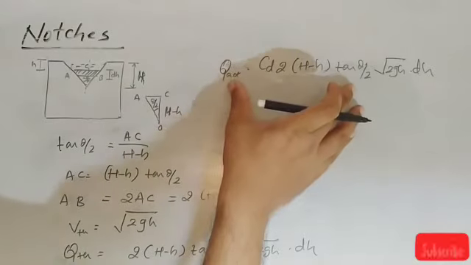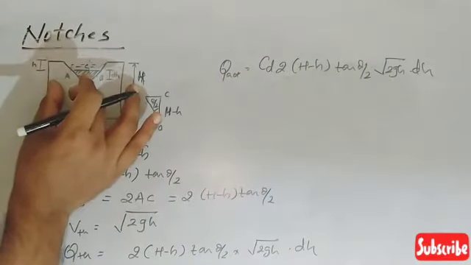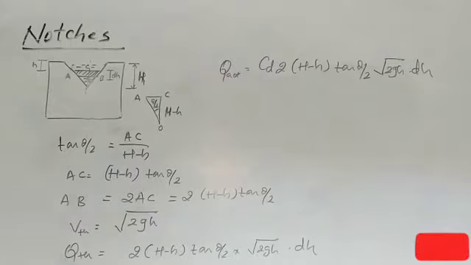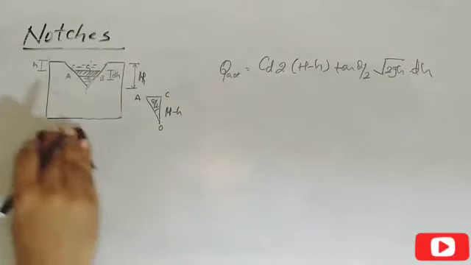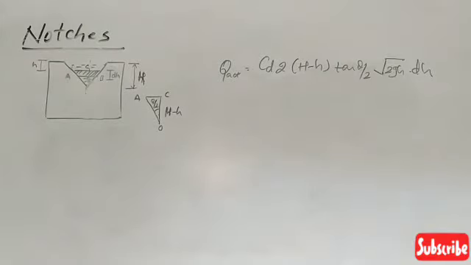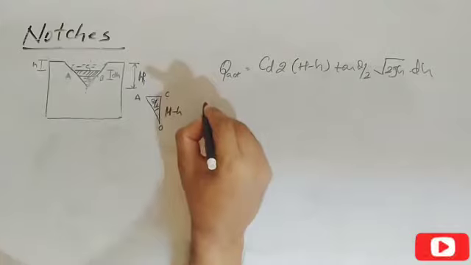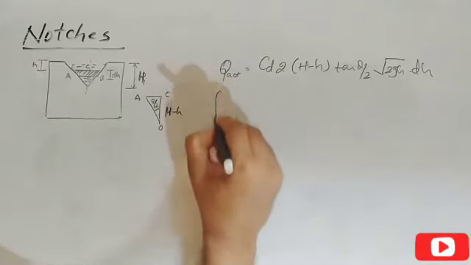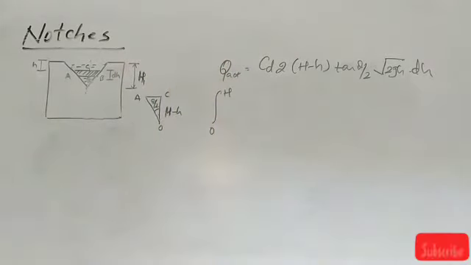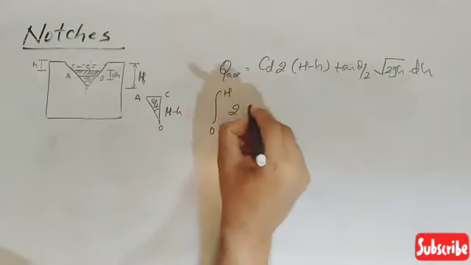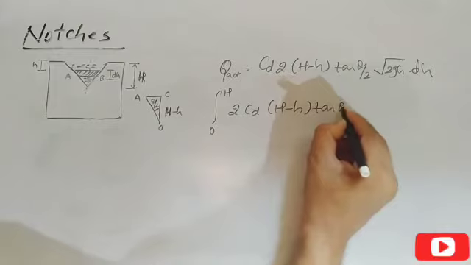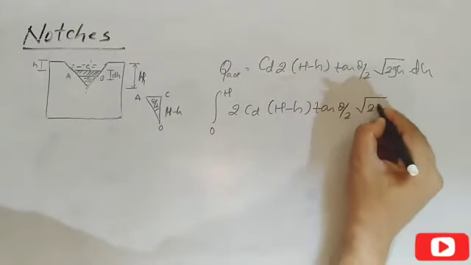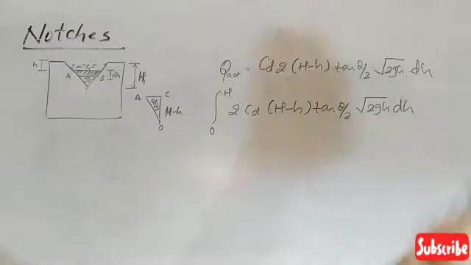Now this is the actual discharge through the elemental strip dh that I have considered. Now the total discharge through the rectangular notch is obtained by integrating the actual equation, dq actual through the elemental strip, from 0 to H. So that will be the integral of 2 Cd (H minus h) tan theta by 2 root 2gh dh.